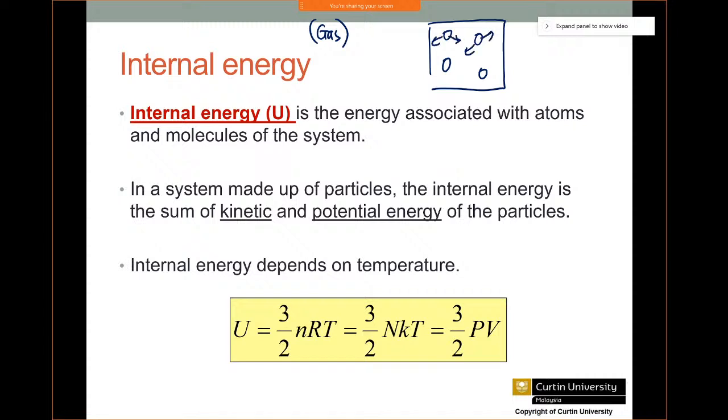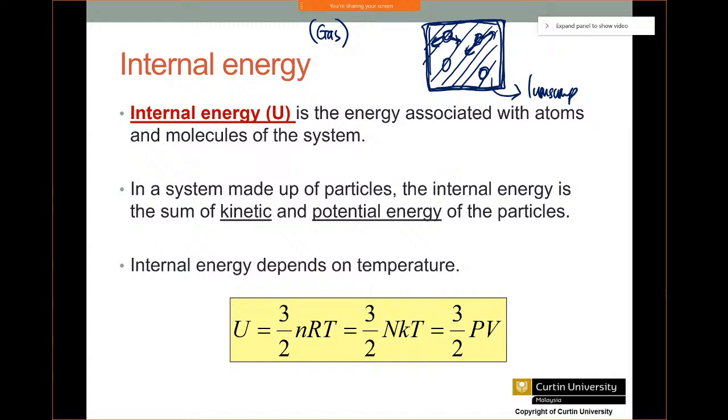This internal energy is all types of energy contained by all the molecules, including the kinetic and also potential energy owned by the molecules. That's why I say it's the lump sum energy owned by all the molecules inside here. This is what we call internal energy.